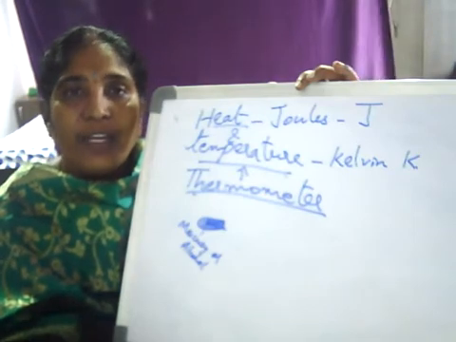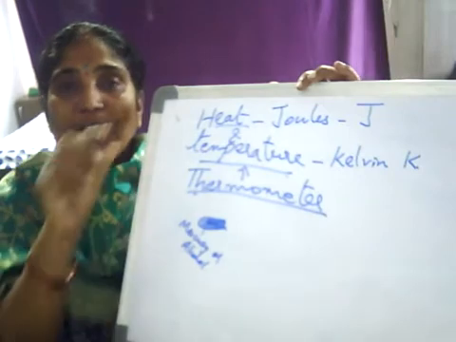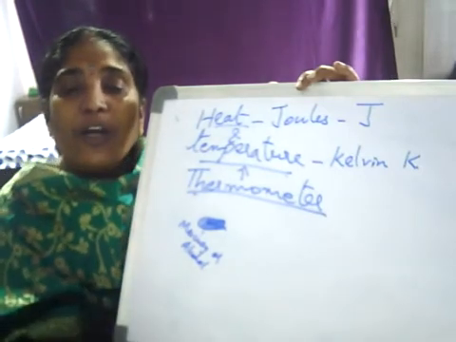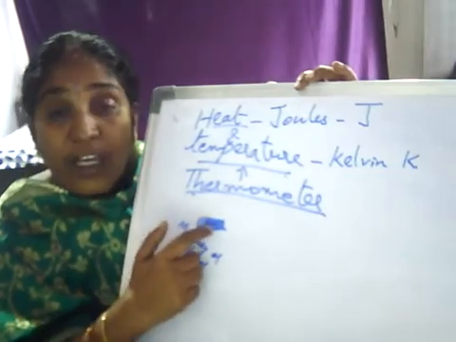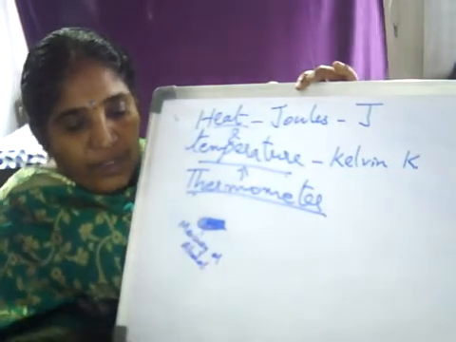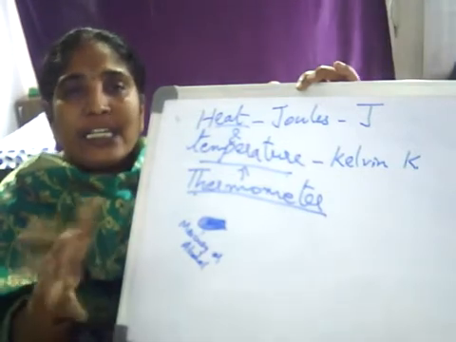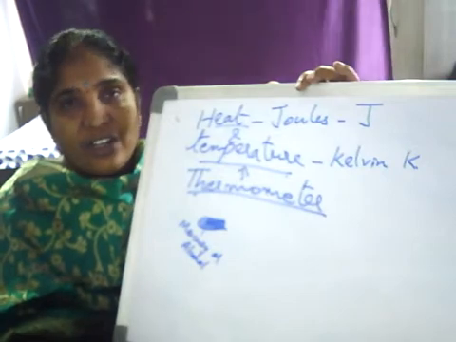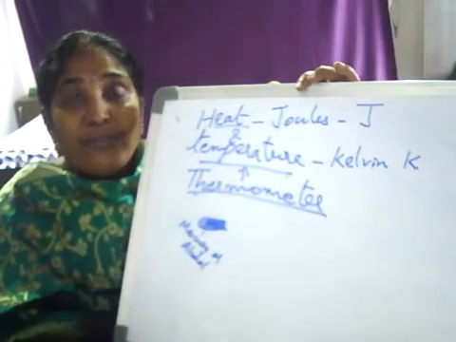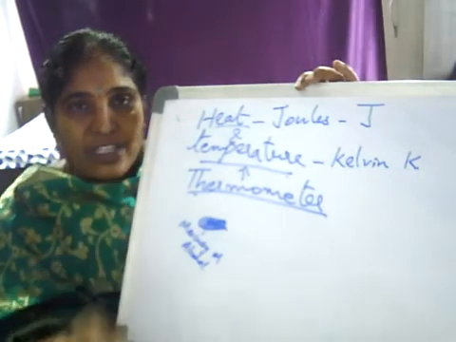And the second reason is that it is a very shiny metal, so you can easily see or record the temperatures. That is also one more reason why we use mercury in the thermometer. And then it doesn't stick, it is very slippery. So that is also a reason. One drawback is that it is costlier and highly toxic.